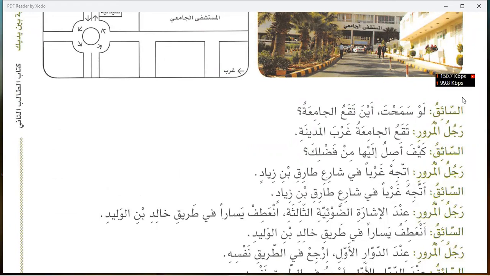Taqa'u means located. لو سمحت, أين تقع الجامعة؟ Excuse me, sorry, where is the university located? تقع الجامعة غرب المدينة.